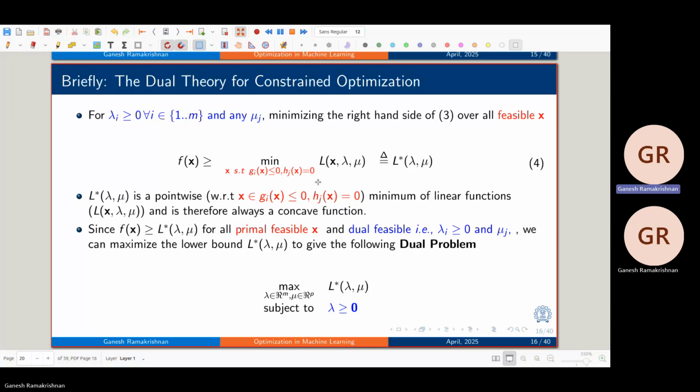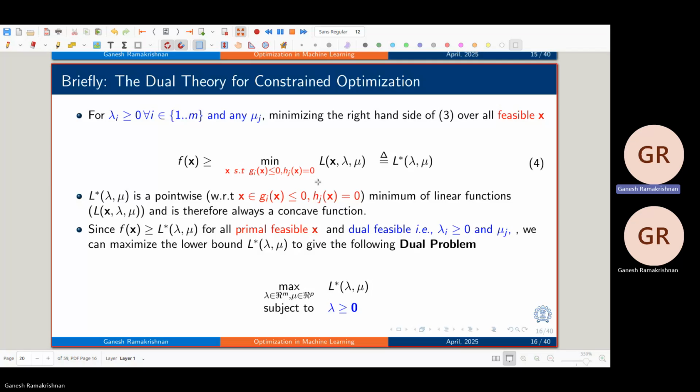So my optimization problem: minimize f(x) such that g_i(x) is less than or equal to 0 and h_j(x) is equal to 0. Now I'm considering a Lagrange function L(x, lambda, mu), which is upper bounded by f(x). What if I minimize it with respect to x?